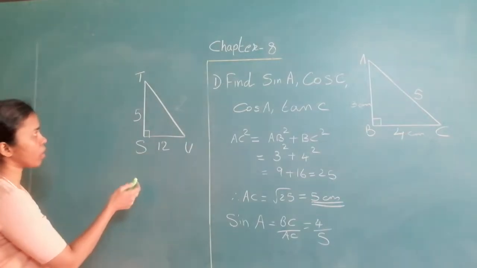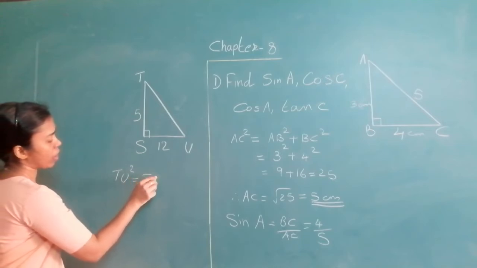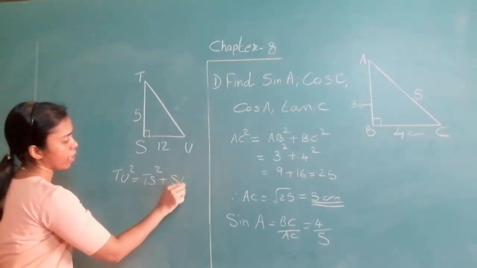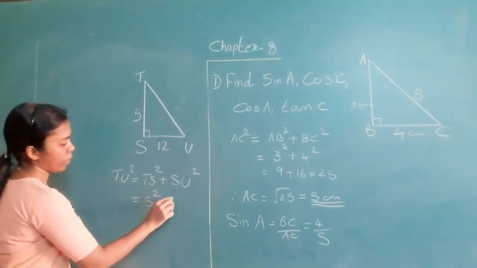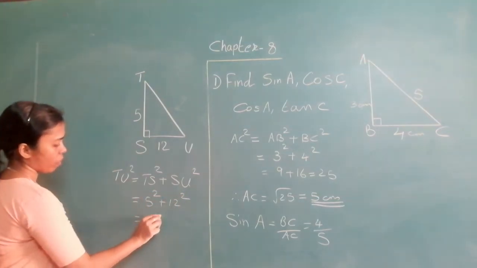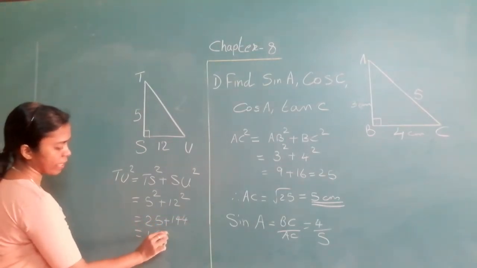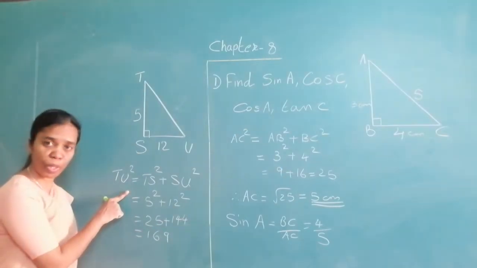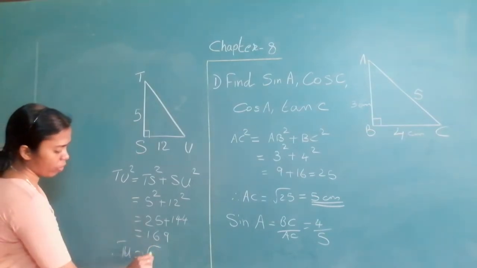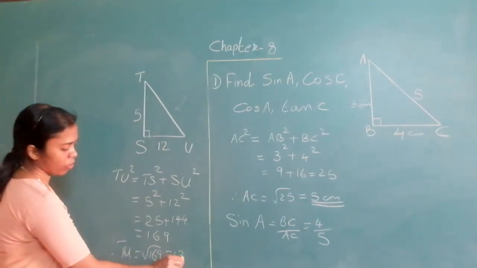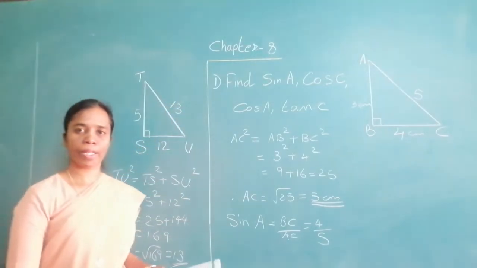Again, using Pythagoras theorem, you will have TU square equal to TS square plus SU square, that is equal to 5 square plus 12 square, 25 plus 144, that is equal to 169. TU square is 169. Therefore, TU is equal to square root of 169, that is equal to 13. So this becomes 13. And fill it in the diagram.